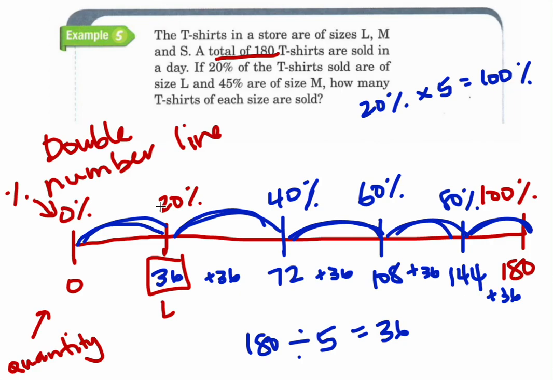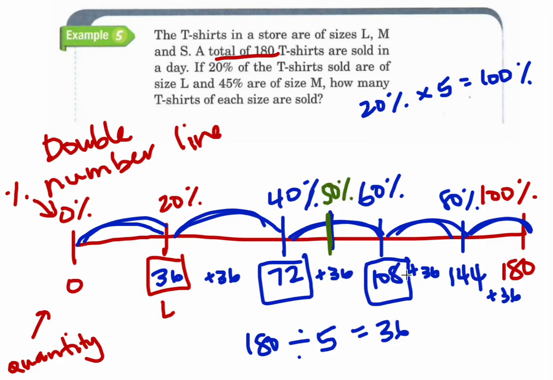And then you could do the same thing to figure out the mediums. 45% are mediums. So then you can figure out, okay, well, if 72 is 40% and 108 is 60%, I can figure out the middle to get 50%. Let me actually use a different color so that you can see what I'm doing a little easier. So this one would be halfway. So that would be 50%.